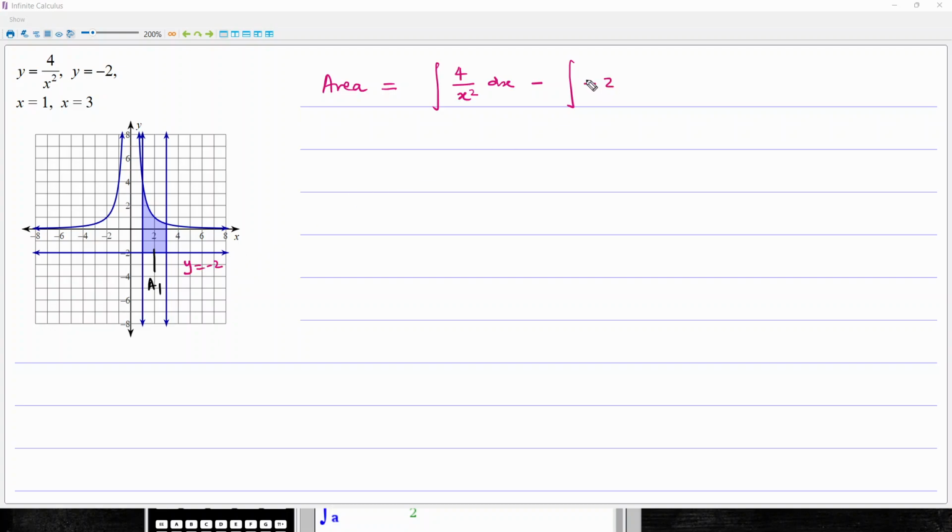So it's minus minus 2 times dx. And we need to calculate this from 1 to 3. So this is x is equal to 1, x is equal to 3. So we want to find this area. So the strip is this here, and the strip will go from 1 to 3. And that will be 4 times x to the power minus 2.